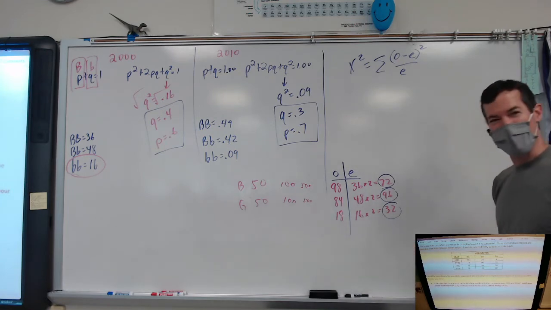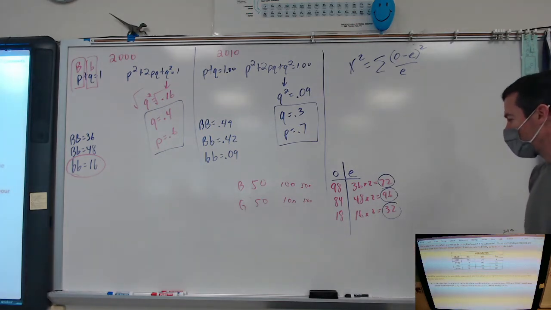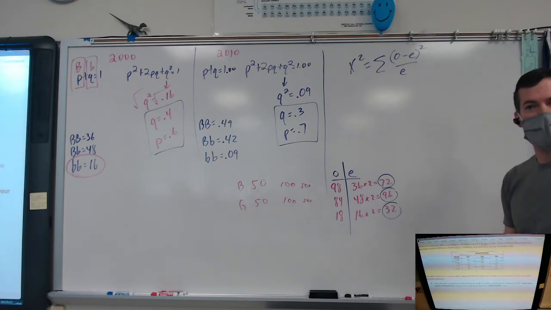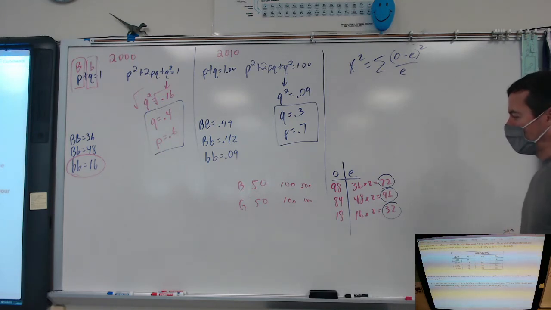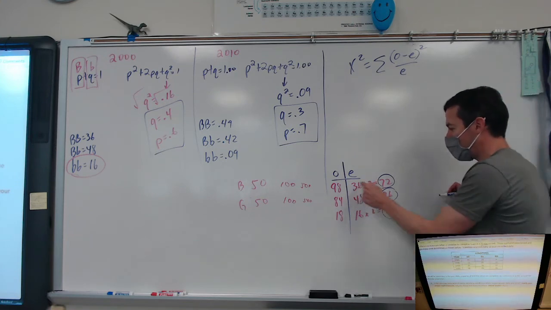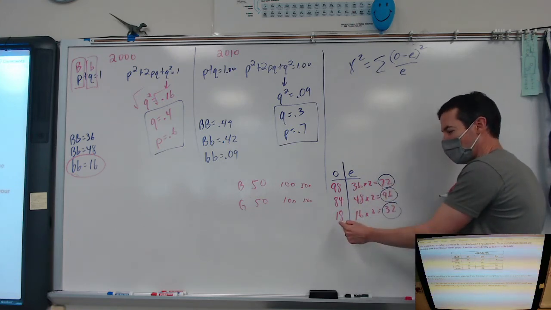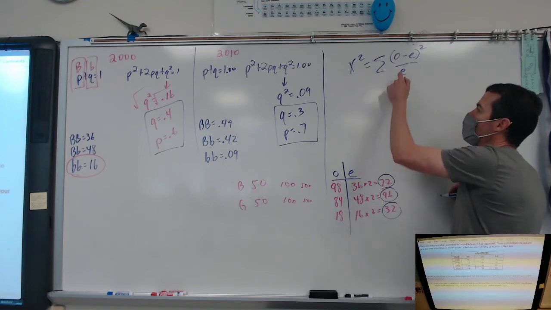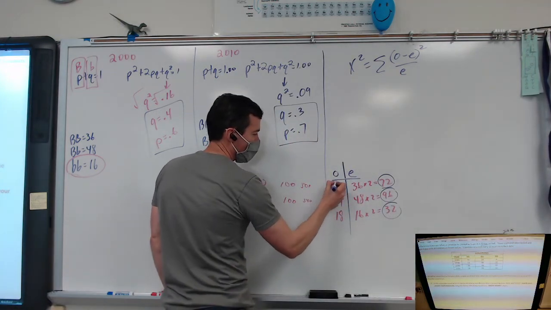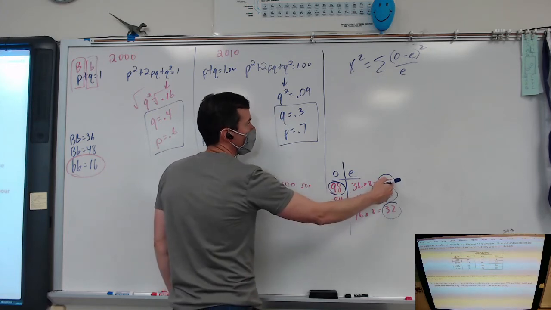So now I can throw those numbers into my chi-square equation. How many fractions am I going to have in my chi-square? Yeah, 3. I'll have a fraction for these guys, a fraction for these guys, and a fraction for these guys. So now, the first fraction, I've got my observed of 98 and my expected of 72.